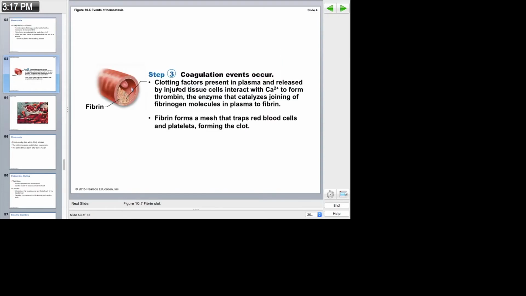So if we go here, you've got your plug, you've got the cut, you've got the plug on top of it, and then on top of that plug, you've got the formation of fibrin, which is this mesh that then begins to knit the 2 sides of the injured blood vessel together. It's kind of like pulling the sides of an injured teddy bear together with all the stuffing on the inside.